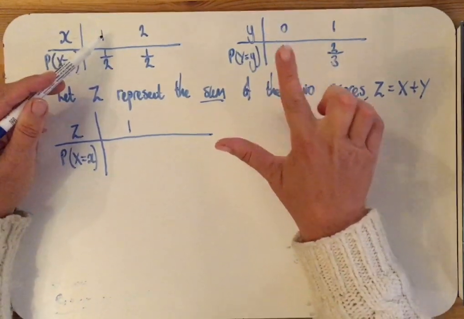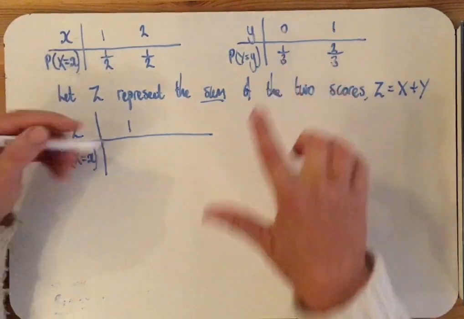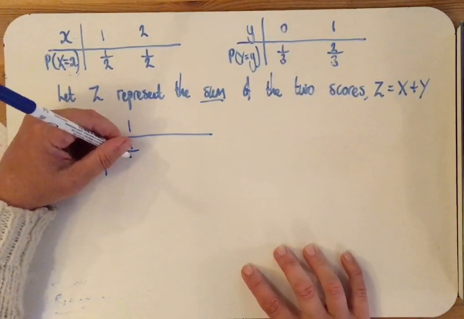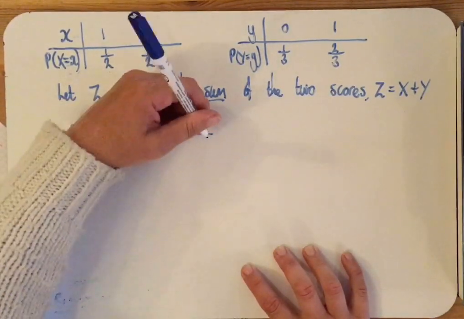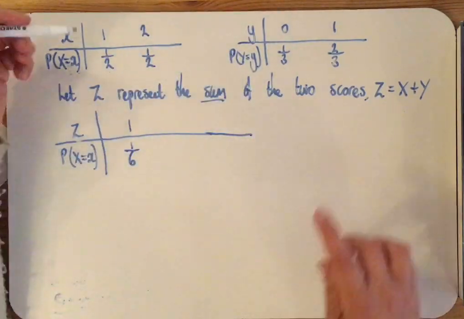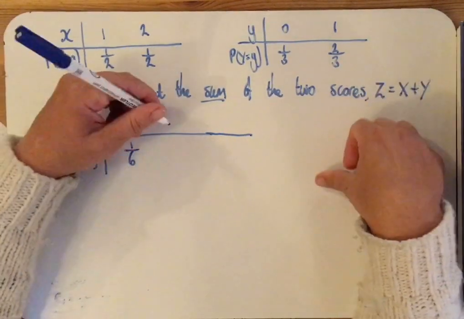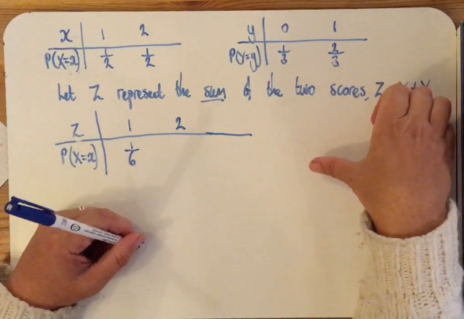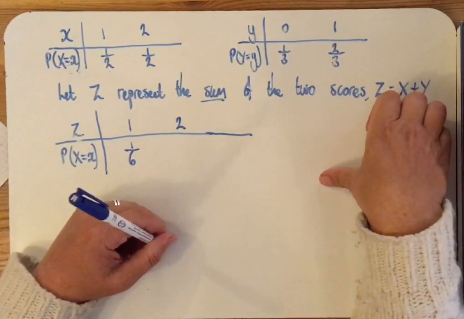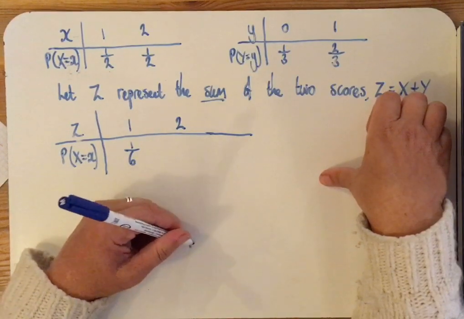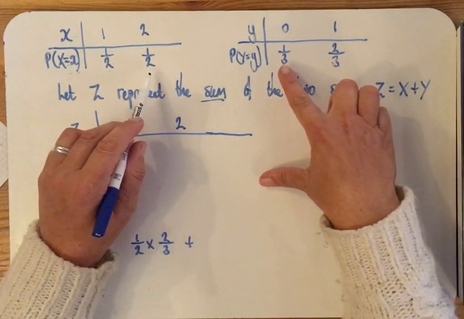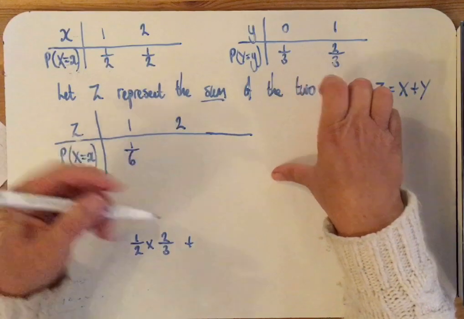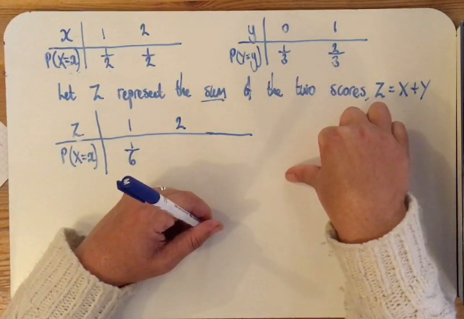So 1 on this one followed by 0 on this one, half times 1/3 is 1/6. You should be okay with this from the stuff you've done in statistics, but if you're not, let me know. I could get an outcome of 2. That would be a 1 on the first dice, 1 on the second. So that's a half times 2/3. Or I could get 2 on the first, 0 on the second.